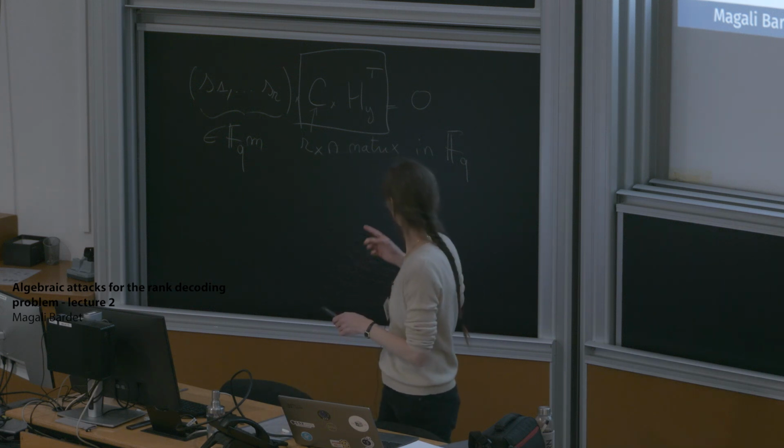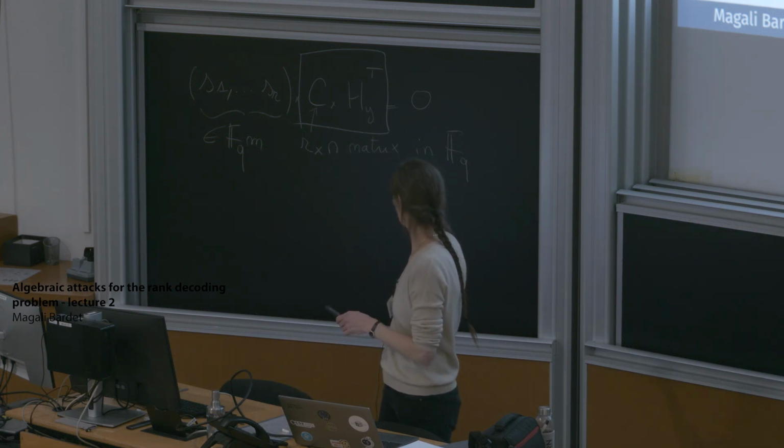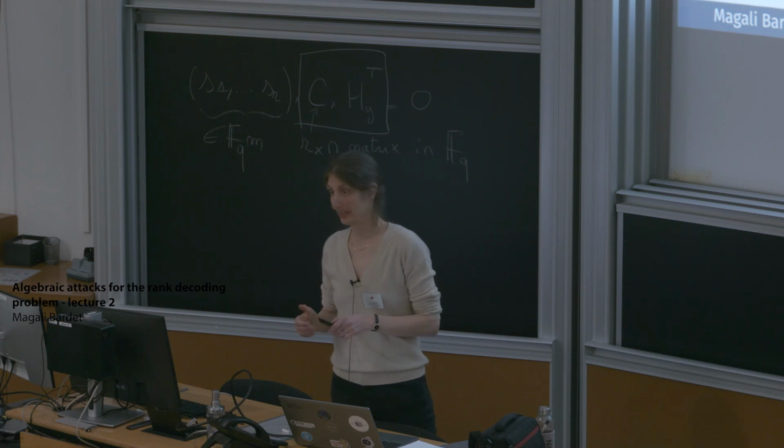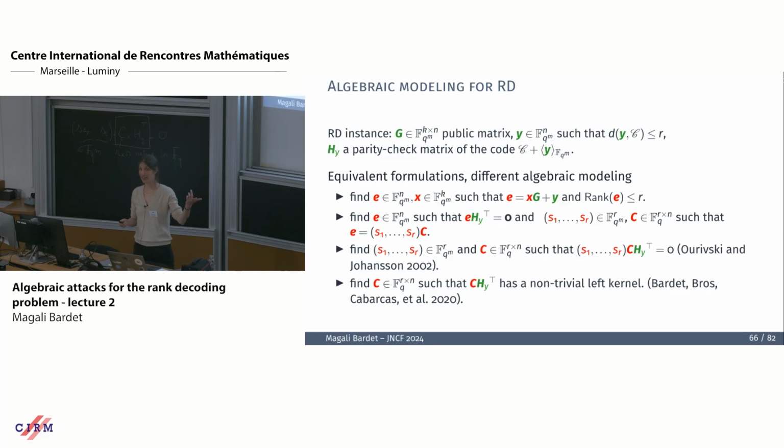So this is a C by n minus k matrix. And if you have an element in the kernel of the smallest dimension, then it means that all the maximal minors of the matrix have a rank default, and you can write an algebraic system which is all the maximal minors of the matrix are 0.